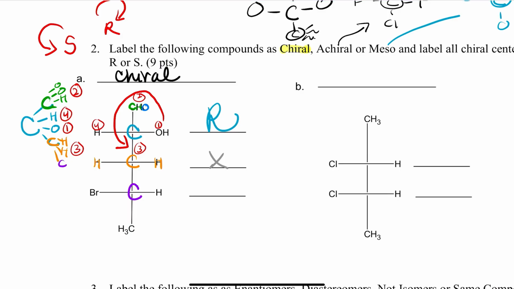But when they originally made the rules for determining if something's R or S, they specifically said that the lowest priority, and it's always the hydrogen, needs to be going away from us.